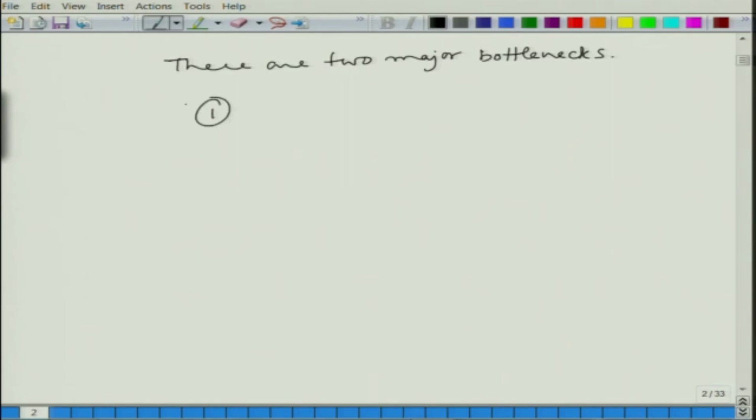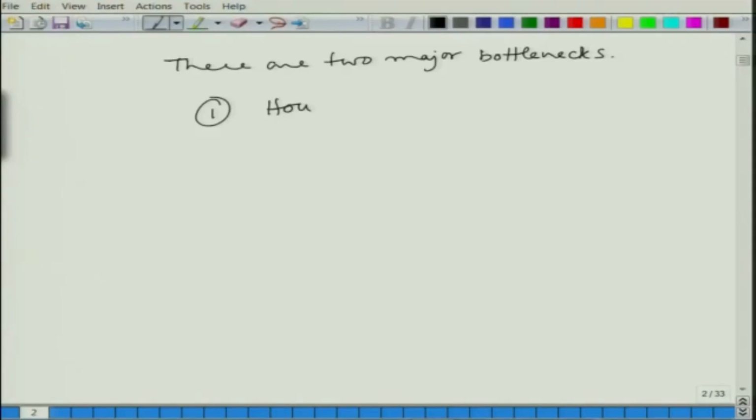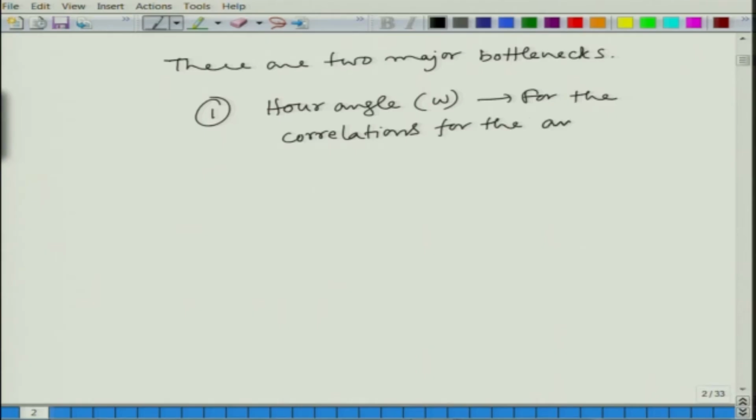First one is, in all the relationships that we have derived so far, we have used hour angle omega for the correlations for the angle of incidence.